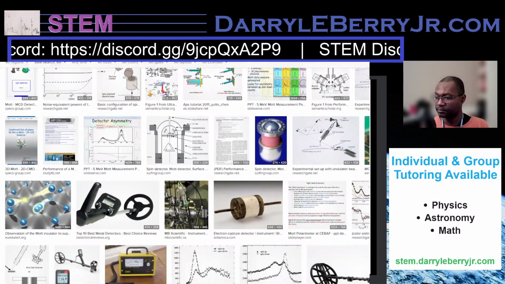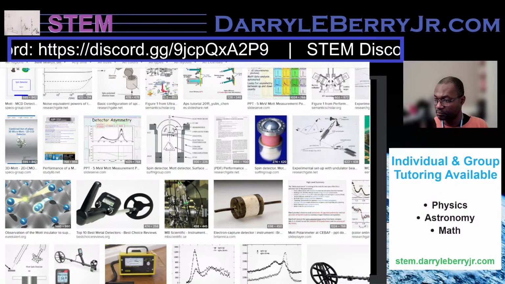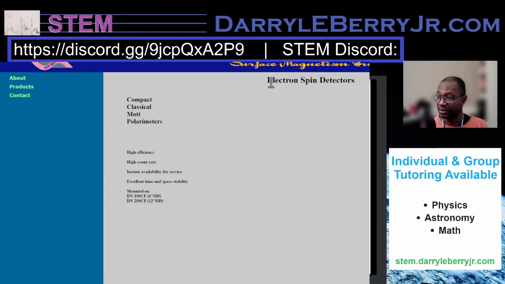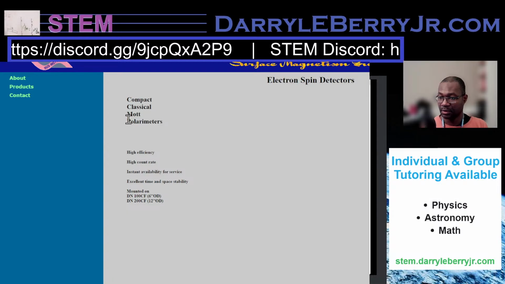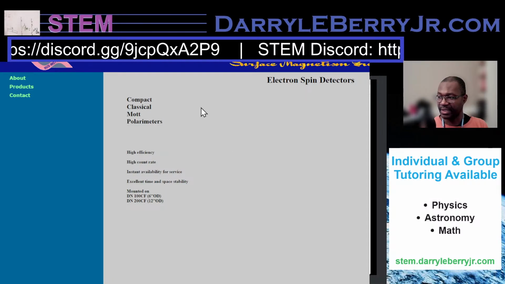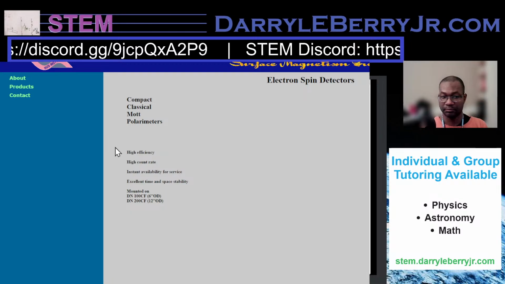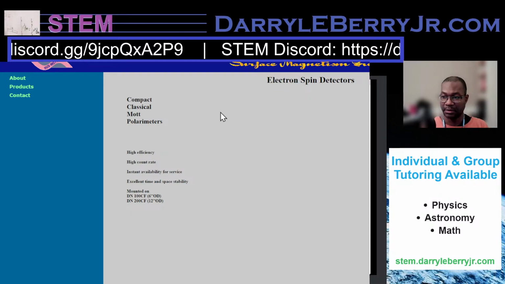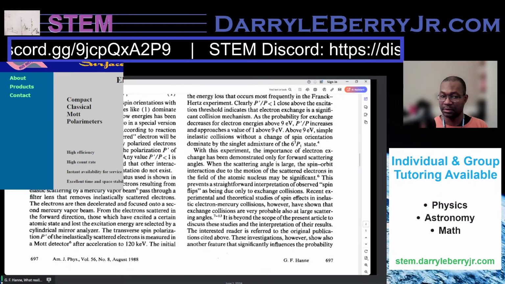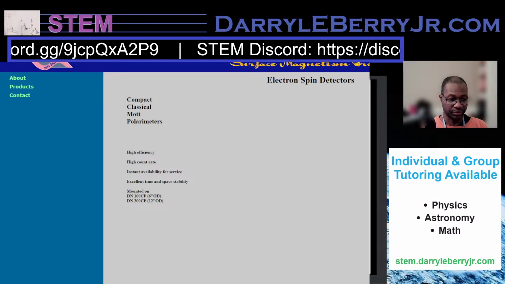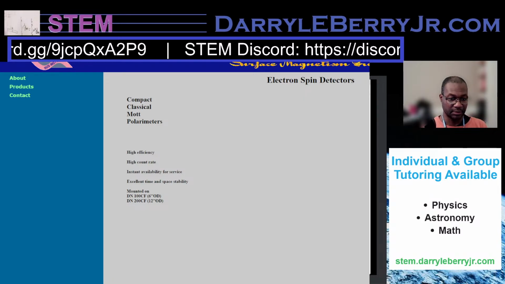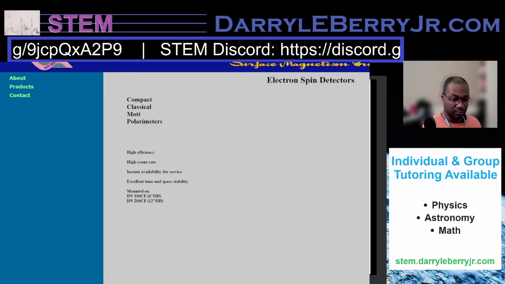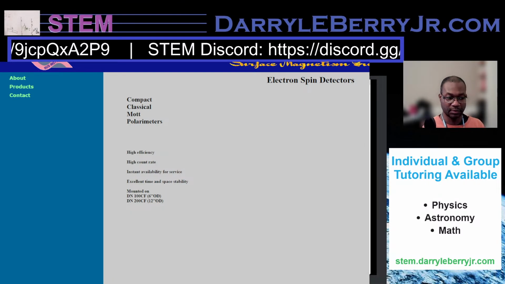Okay, so it looks like they're literally electron spin detectors. So a Mott detector is able to detect the spin of an electron. Let me expand the window a bit. There's actually a picture on the right side that's not showing. Yeah.